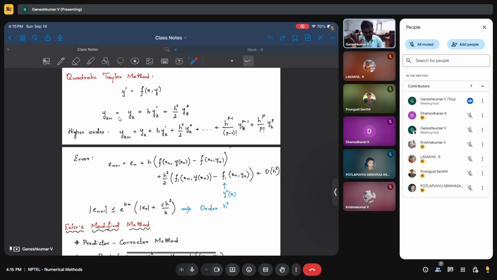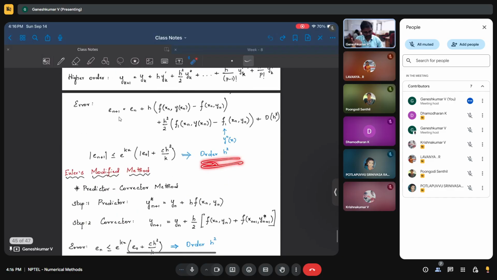For the second order derivative, we have to differentiate this f of x comma y function to find y double dash, and then similarly you keep differentiating until the highest order, and you use this method to solve it. So that is also one of the ways that we can solve. That will improve our predictions. So in that way your error becomes second order if you use quadratic.